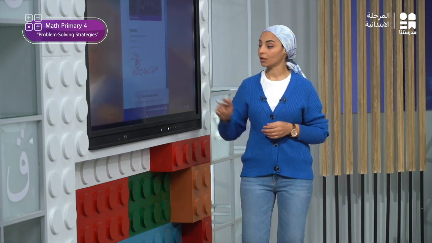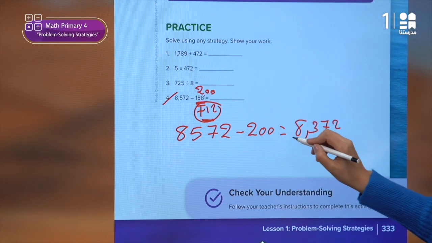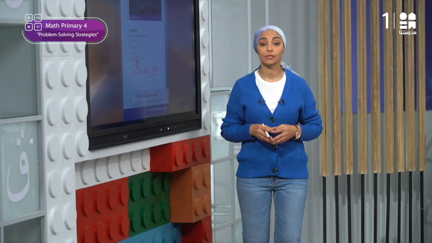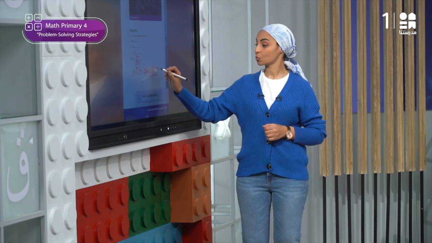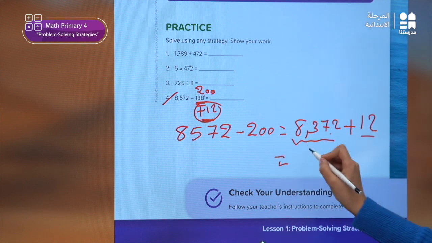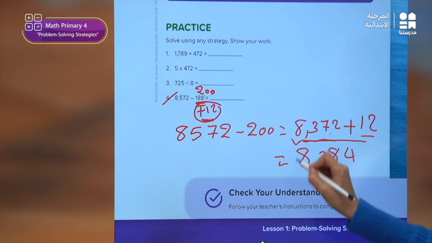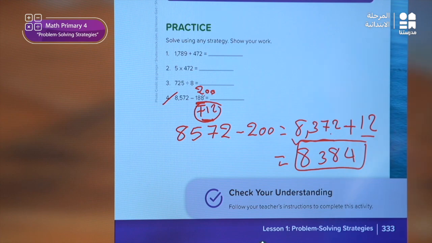So I will add 12 to the answer. So I will do the answer, which is 8372 plus 12, right? 8372 plus 12 gives me what? Yes, gives me 8384, and this is my final answer.